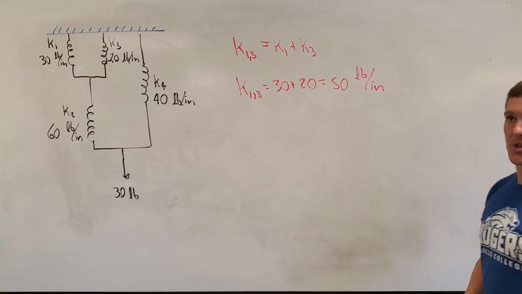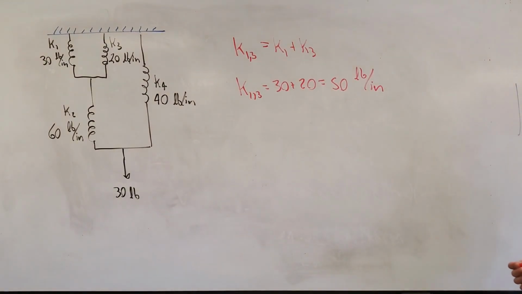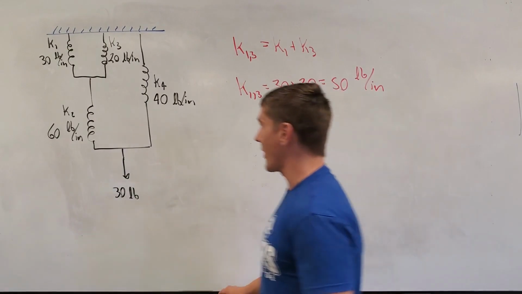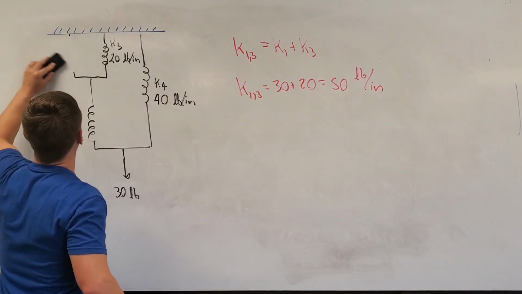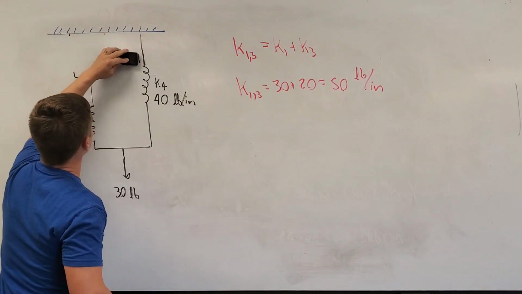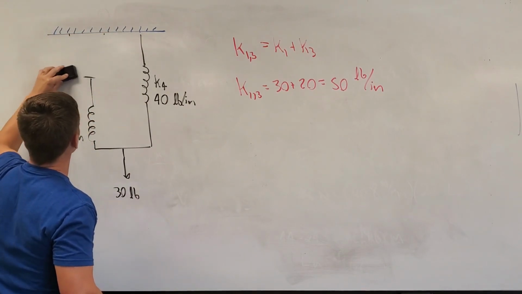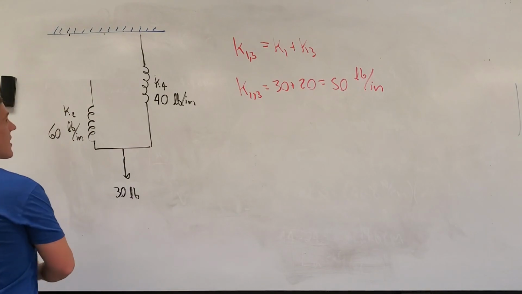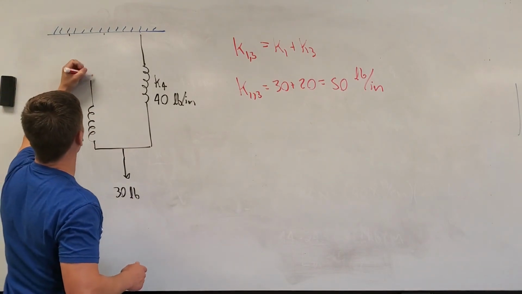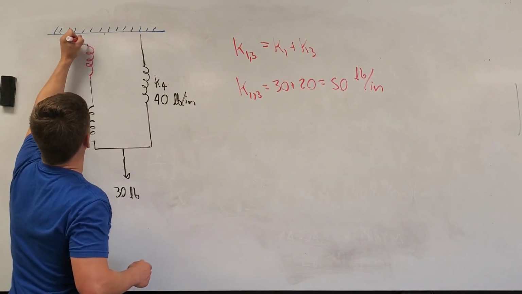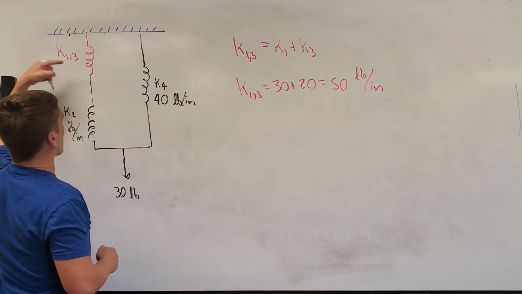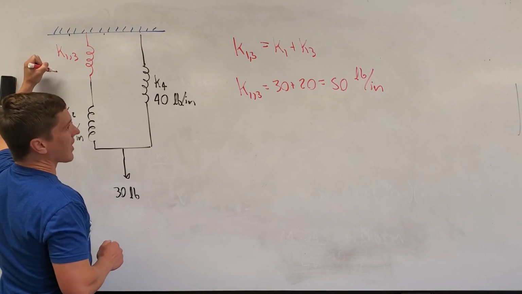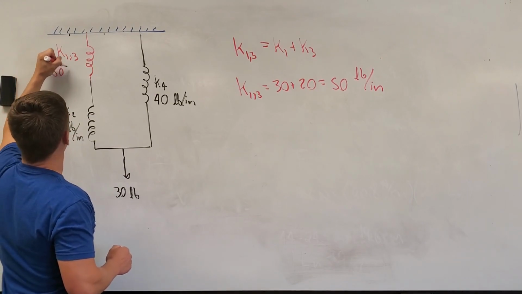Once we do that, I go back to my diagram, and I like to redraw it with the equivalent spring that we have just replaced two springs with. Now we have an equivalent spring that has a spring constant of 50 pounds per inch.